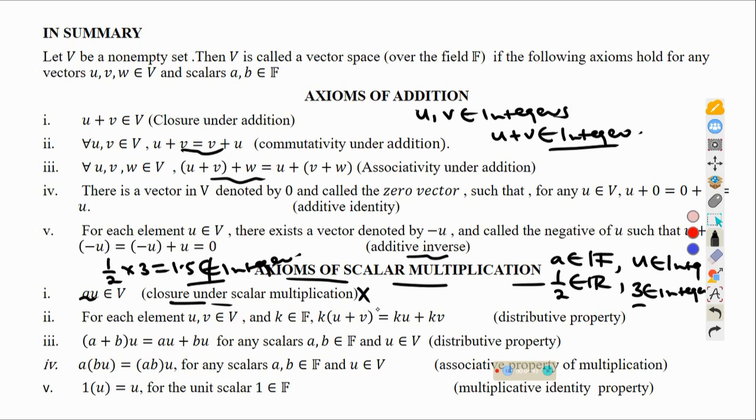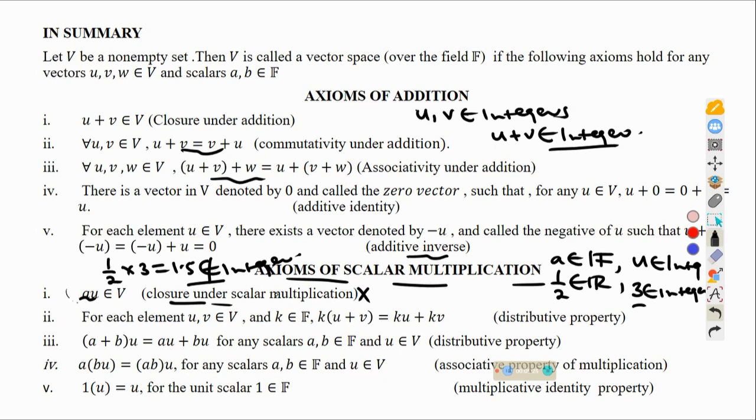So if this is not satisfied, there is a high possibility that some other properties that correspond to closure under scalar multiplication might not be satisfied either. But this one is enough to tell that our given set is not a vector space. Not all the scalars that we multiply with an integer will automatically give us an integer, so that is not true.